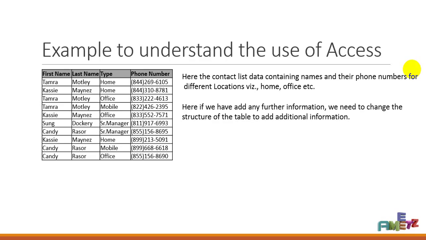If we have to add any additional information, like suppose a person has a fax, either you have to create a row or you have to create a column wherein you put the number. So there is a lot of chance of restructuring the data from time to time whenever we require.